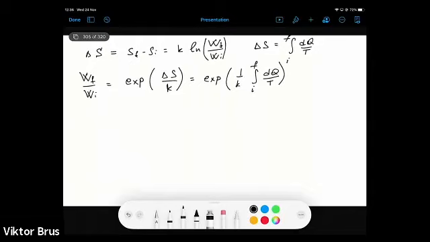So that's why the ratio of statistical weights for final and initial states.